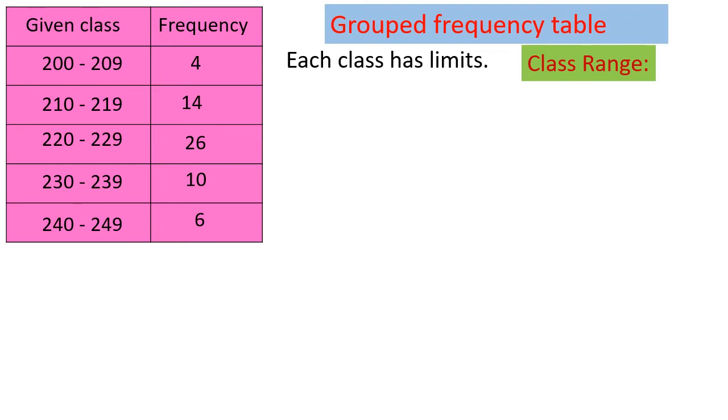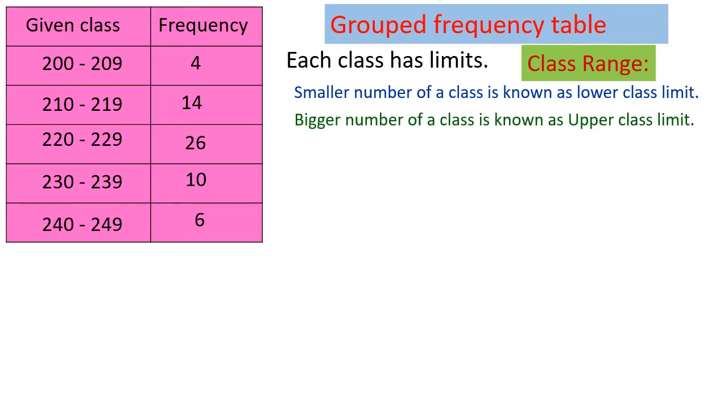To find out the class range, you know that we see both the inclusive type and the exclusive type. Inclusive type means 200 is counted and 209 is also counted. The smaller number of the class is called the lower class limit, and the bigger number of the same class is called the upper class limit.